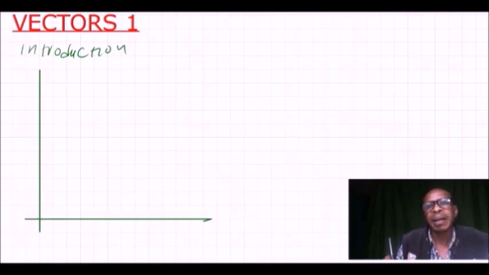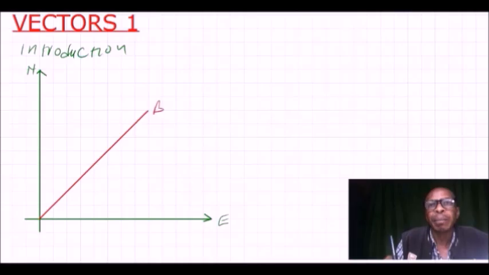We have that, and we have this is north and this is east direction, and then we have another point here which is B. We can say we have a point here B, and this is our point A, and the angle here is 45 degrees.